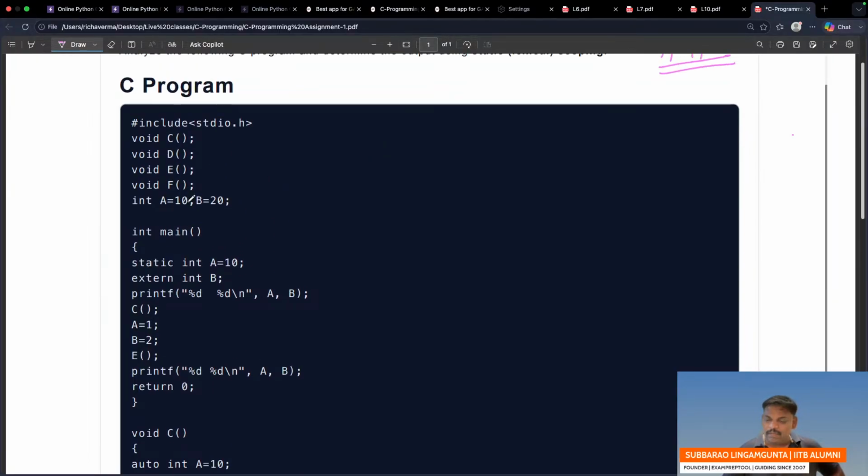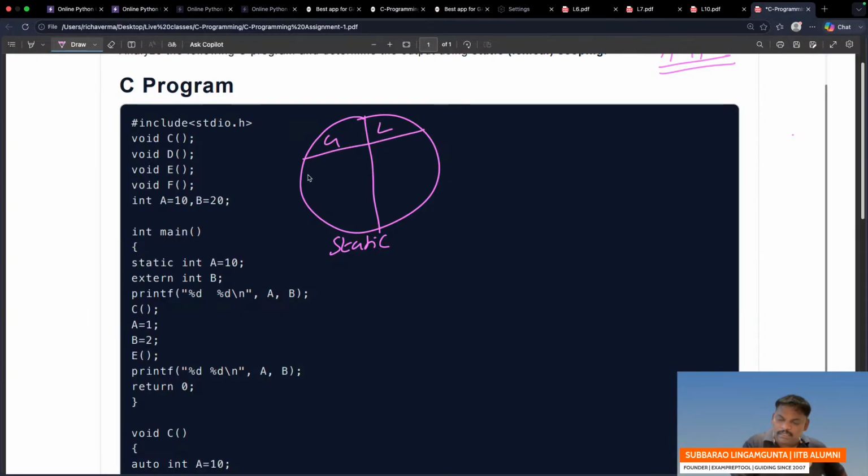Any static variable? Yes. Let me execute now. See this, it is the static area. Global, local. Global is A 10, B 20. That is the global.